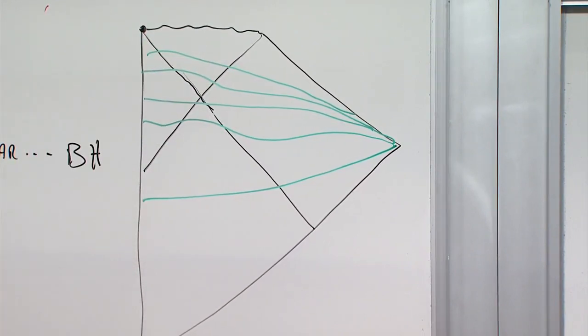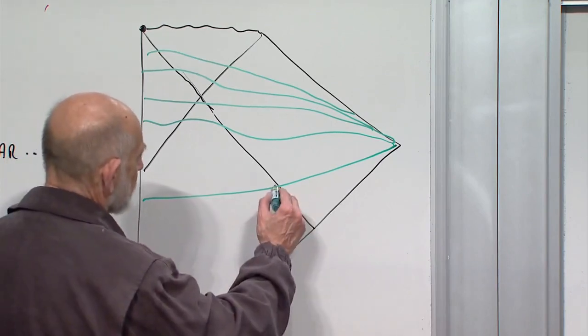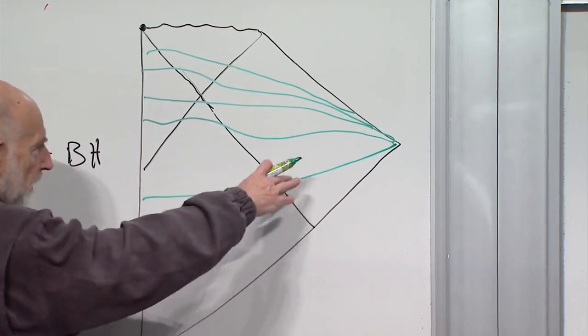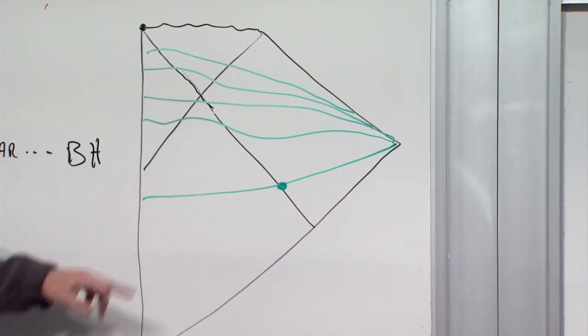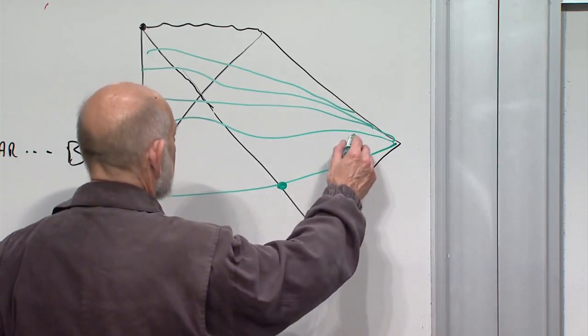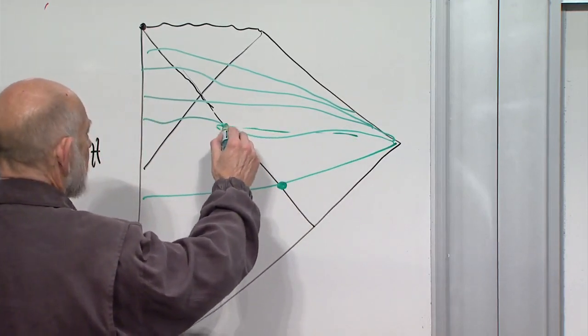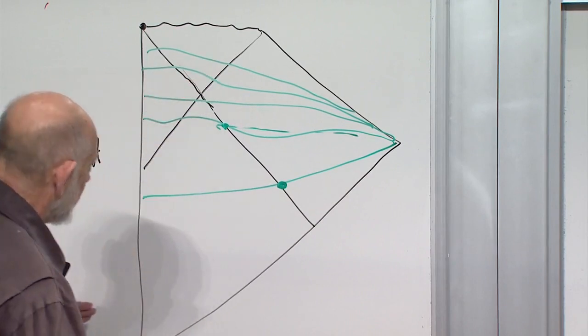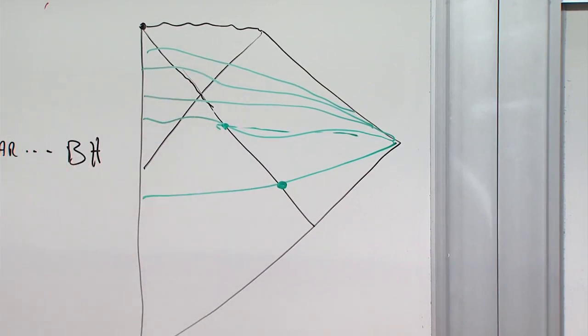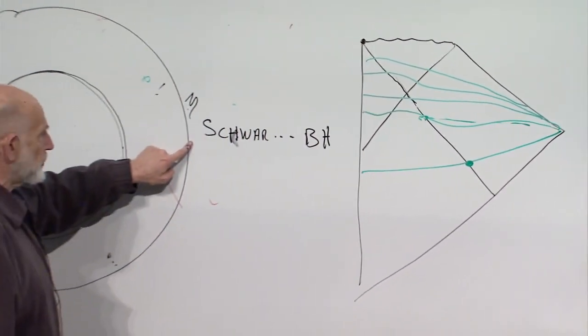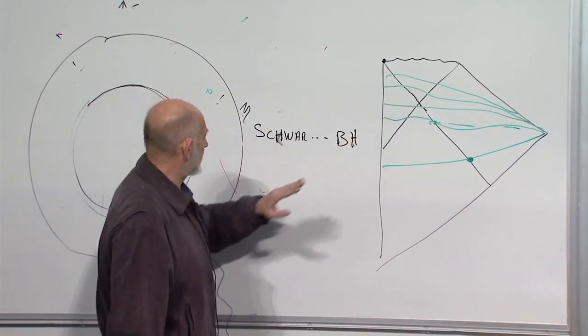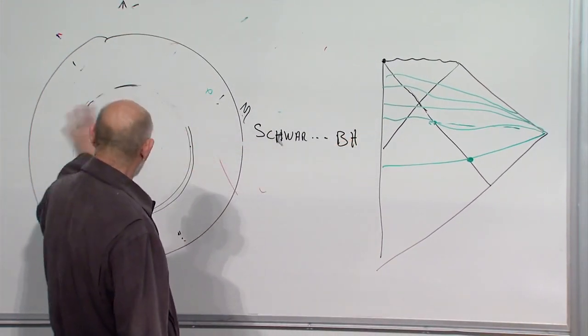If you follow the time, at this time over here, the shell is far away. No horizon has formed yet, so this point has not been reached yet. A little bit later, the shell is still outside the horizon. This point over here corresponds to the position of the shell, and so far nothing has formed on the inside.